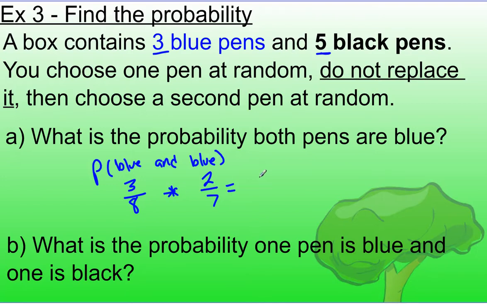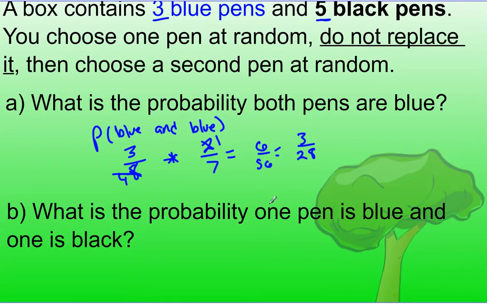Multiplying together gives us 6 out of 56, which simplifies to 3 out of 28. So there's a 3 out of 28 chance of getting 2 blue pens without replacement.